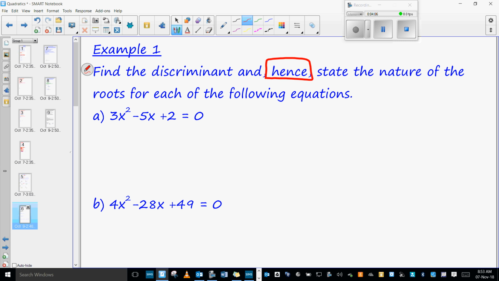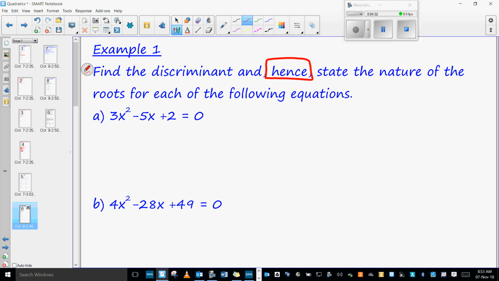So if it says hence, it means that you must use the information you've just worked out. So it says find a discriminant. The fact that you use the word hence tells us that we have to use this information in order to answer our question. In some cases, your question might say hence or otherwise, in which case they don't care which method you use.